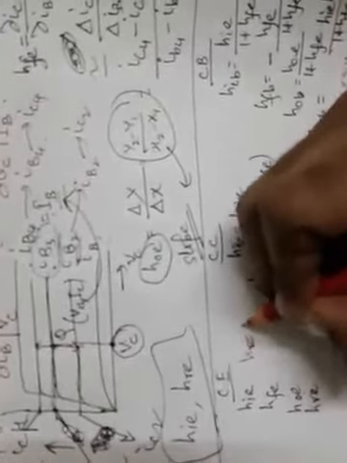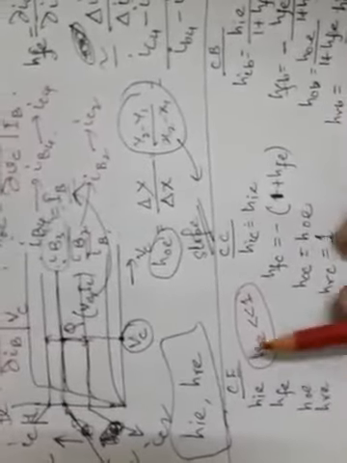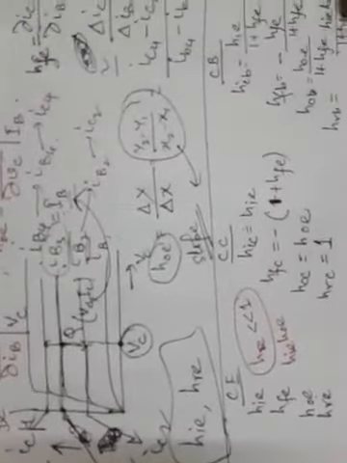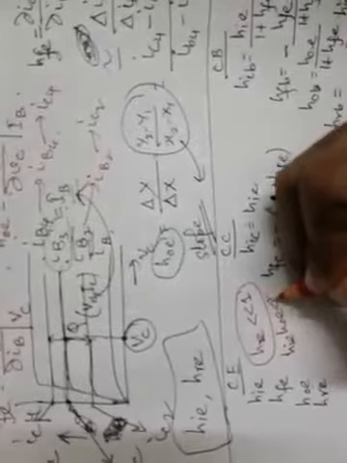You just need to assume that in some derivations HRE is far less than 1. That means this last parameter, HRE, should be far less than 1. And another assumption is that HIE into HOE, the numerator of the relation for HRB, the product of HIE and HOE, is also far less than 1.